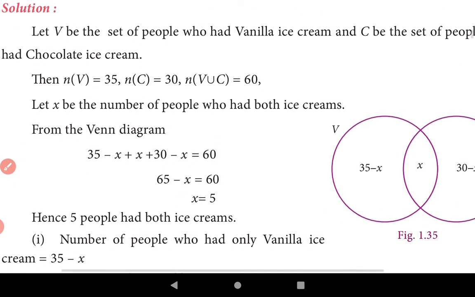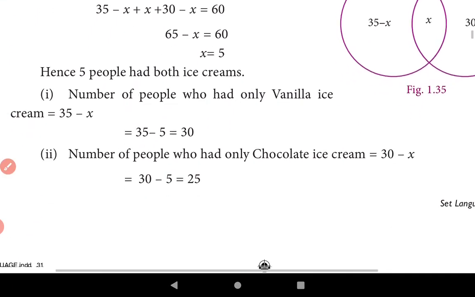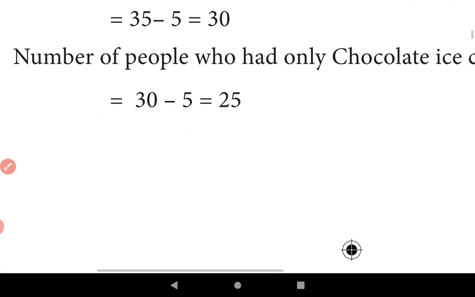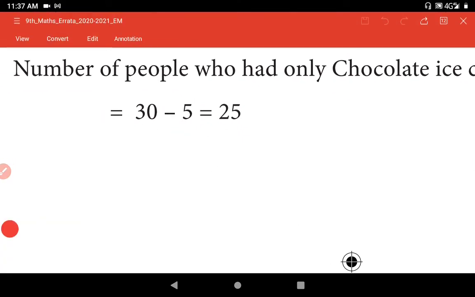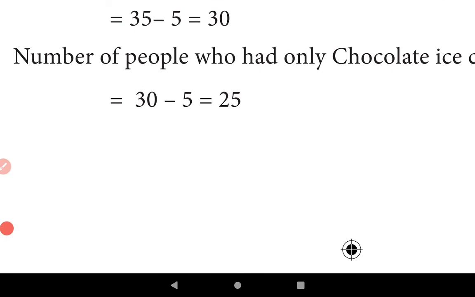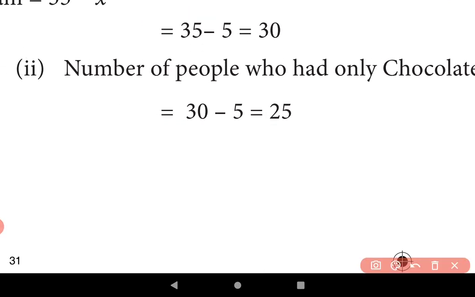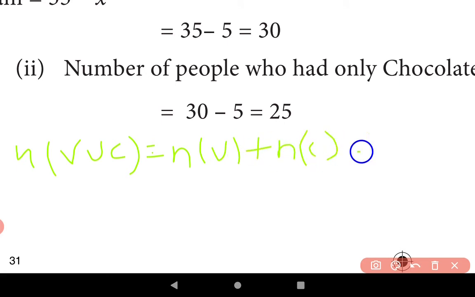I think I can write it here. Number of V union C is equal to number of V plus number of C minus number of V intersection C.